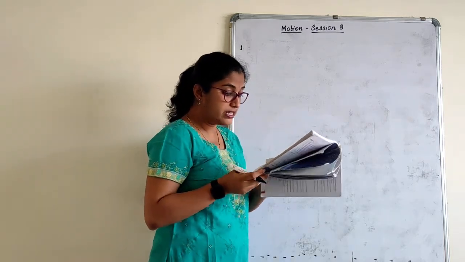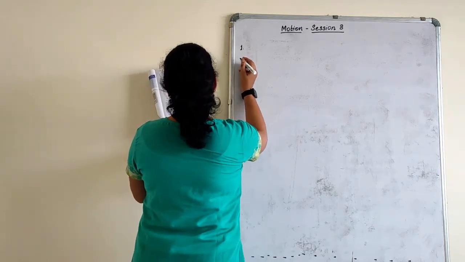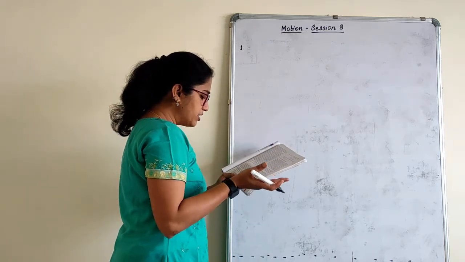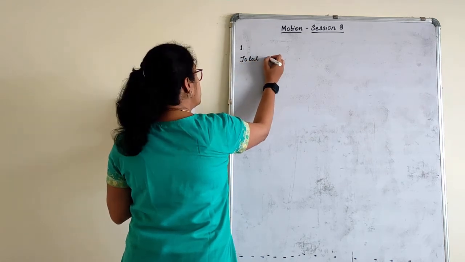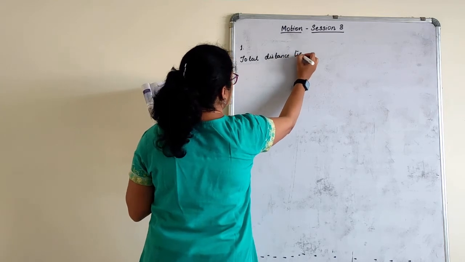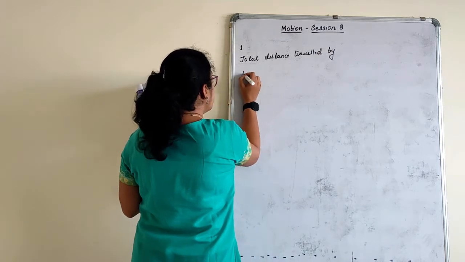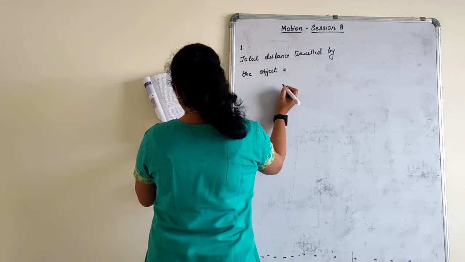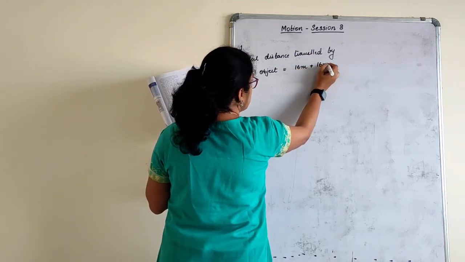An object travels 16 meter in 4 seconds, and another object travels 16 meter in 2 seconds. This is a simple one. What is the average speed of the object? So we can write here, total distance traveled by the object is equal to 16 meter plus 16 meter.